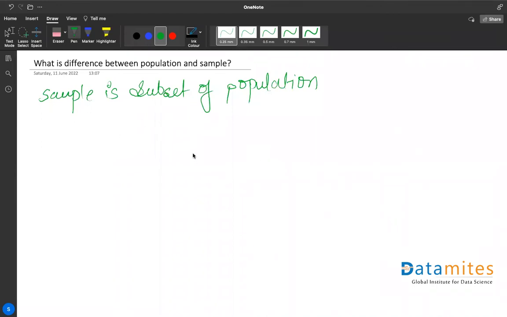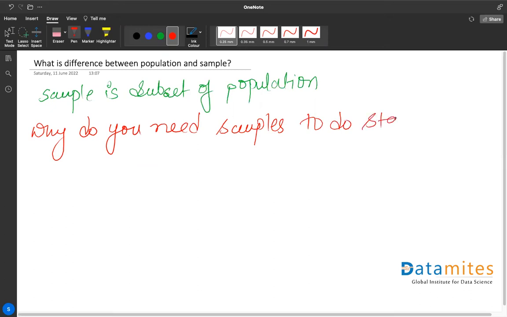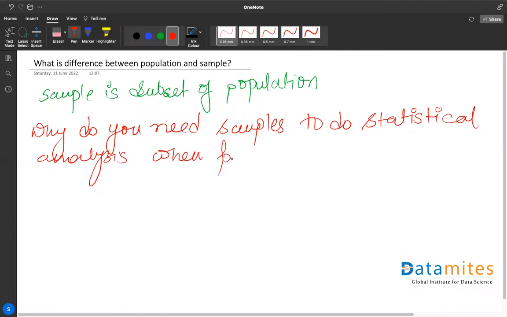There is one more question I haven't written over there, but I'm writing here, which was asked in one of the interviews. Why do you need samples to do statistical analysis when the population is already there?